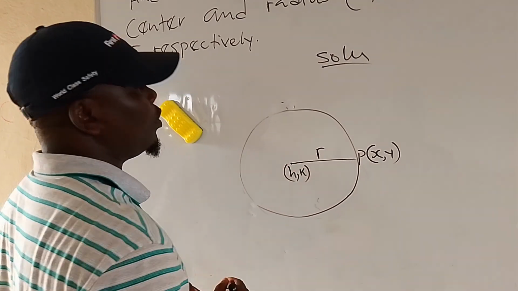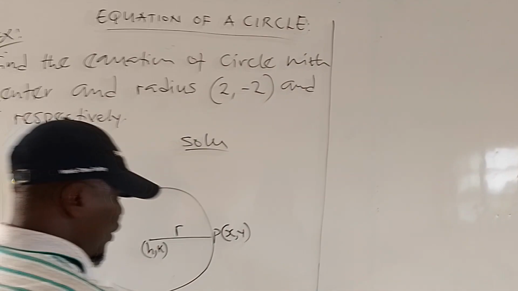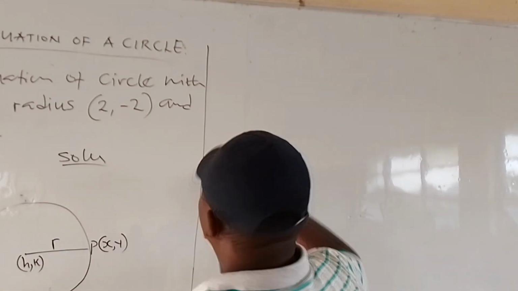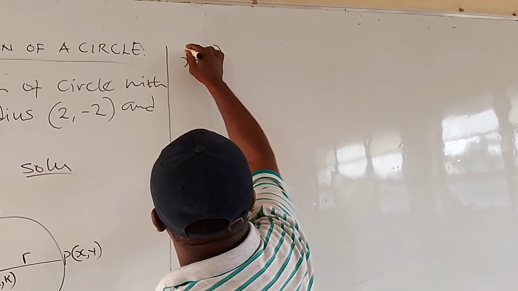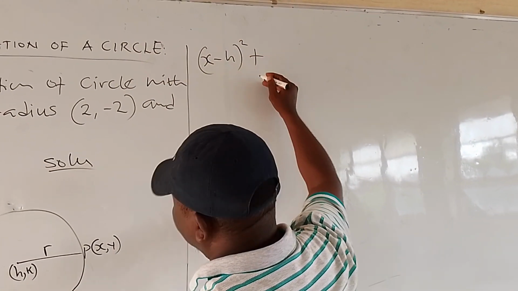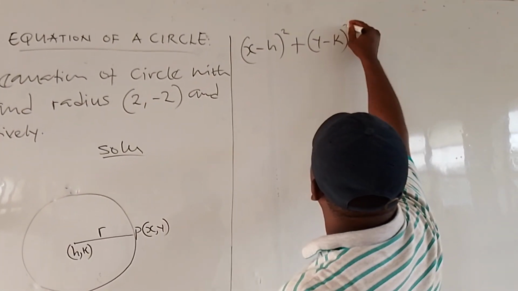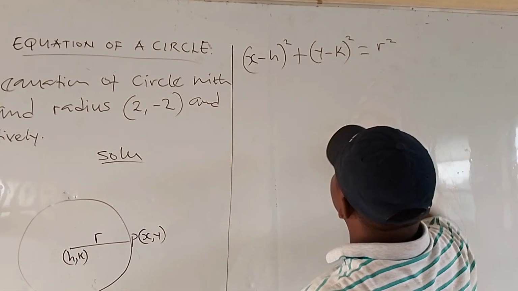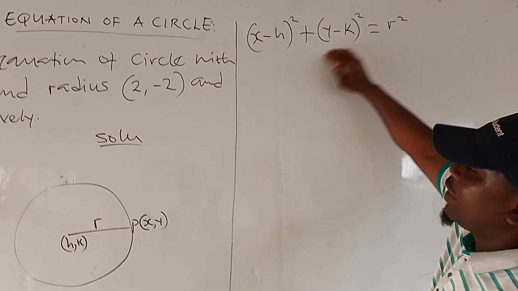Okay. So if you agree with me, this implies that (x minus h) all squared plus (y minus k) all squared equals what? r squared. This is the general form of the equation of a circle.